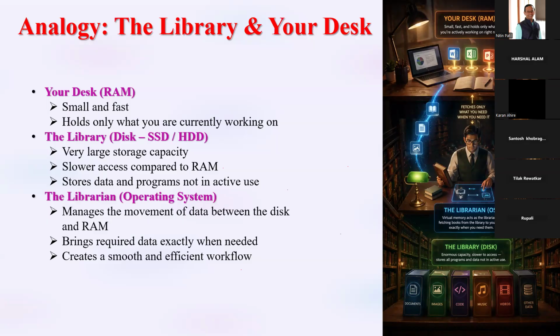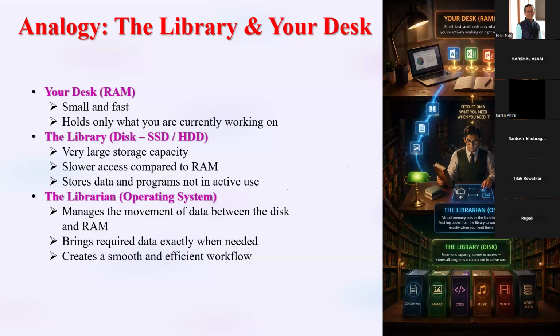It has enormous capacity. It can store everything, but accessing a book from here takes time. You cannot instantly grab everything at once. Now, here comes the most important character in this story, the librarian. This librarian represents the operating system, and more specifically, the virtual memory mechanism. What does the librarian do? The librarian observes what you are currently working on.